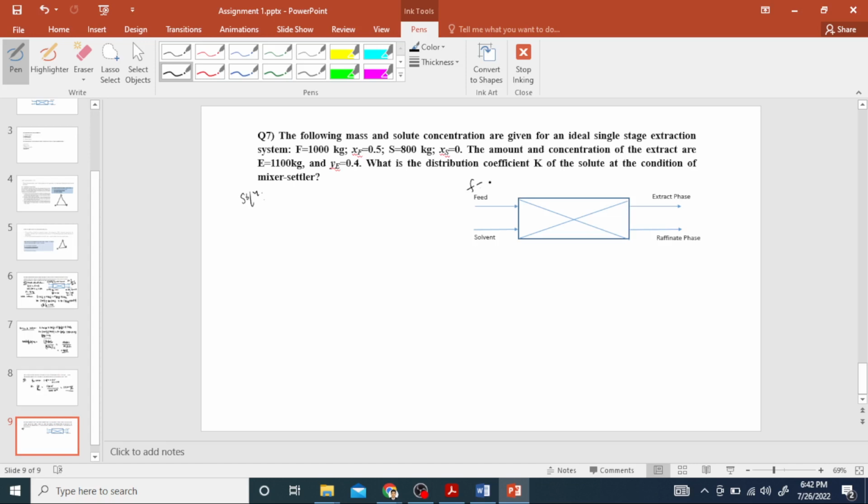Extract is 1100 kg, and Y given 0.4. R we have to calculate, and X R we have to calculate.